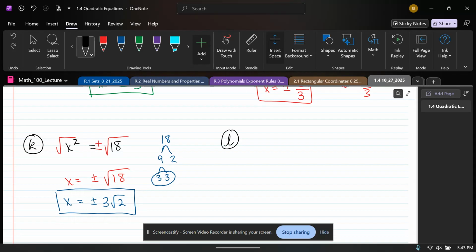Let's try this one. Let's say we had 5x squared equals, let's do something nice, 60. That's a good one.